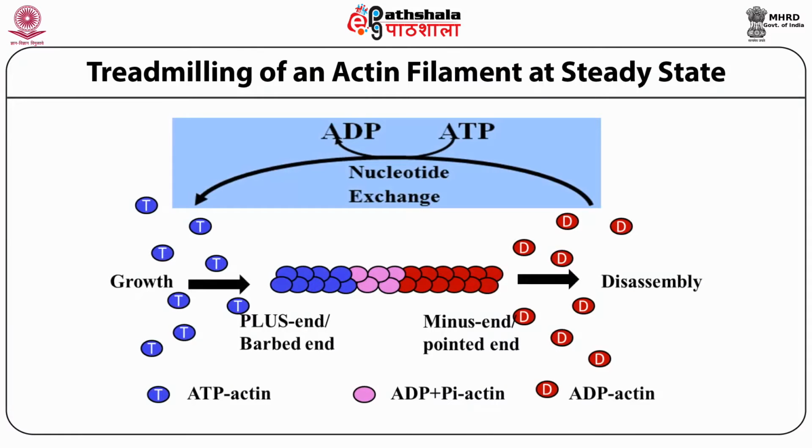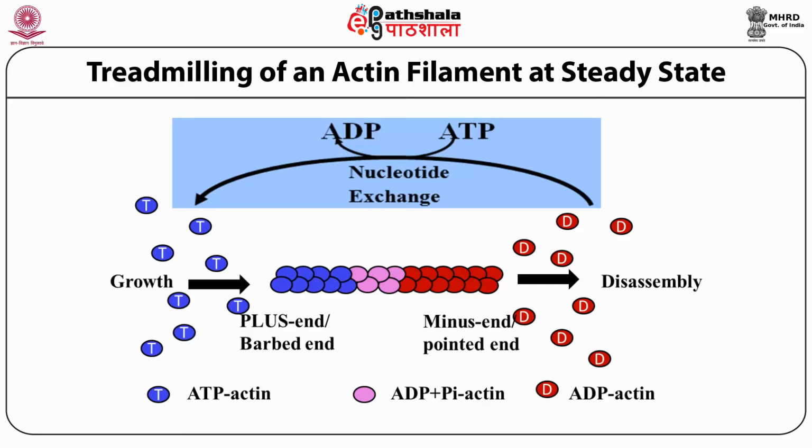At steady state, this process where actin is attached and detached is also called treadmilling. At the barbed end, actin is attached when it is bound to ATP.